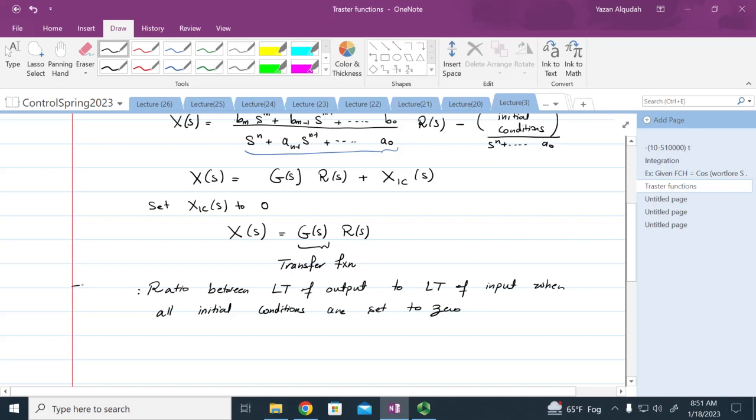And this is what the transfer function is. Does that make sense, everybody?